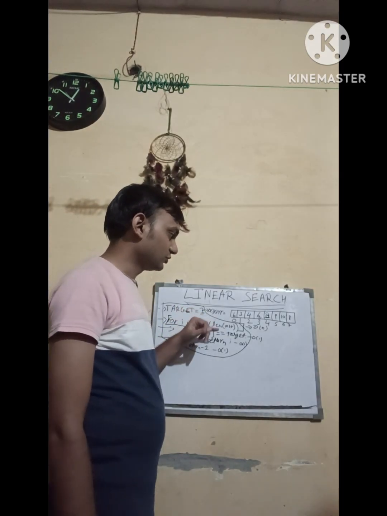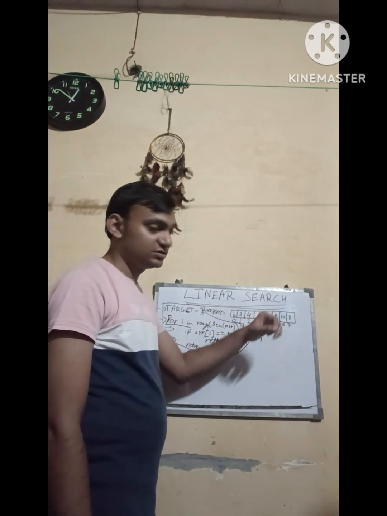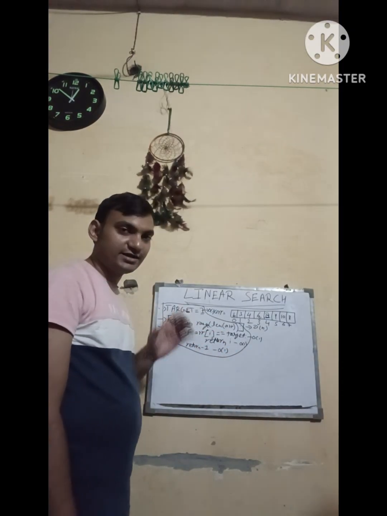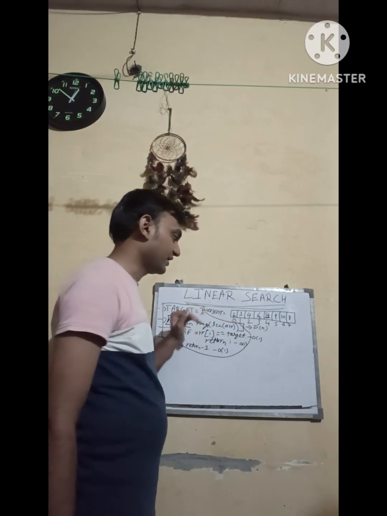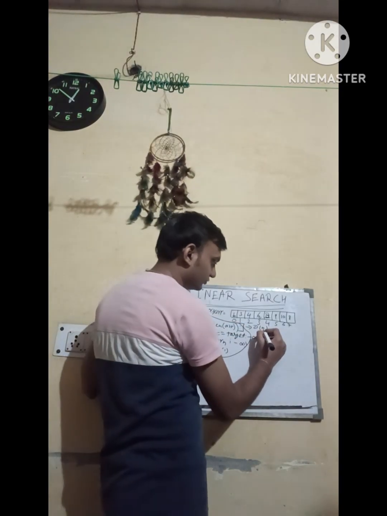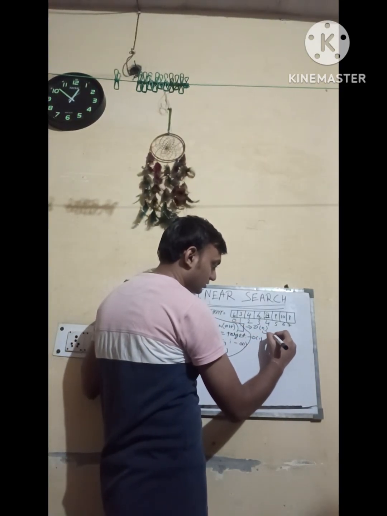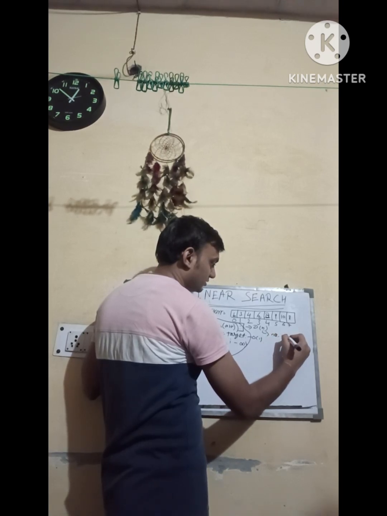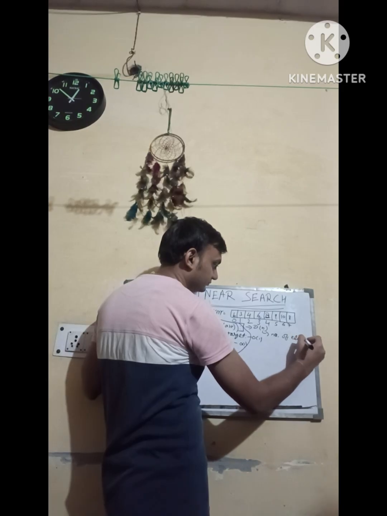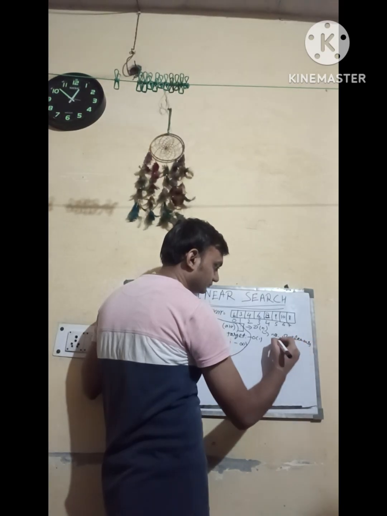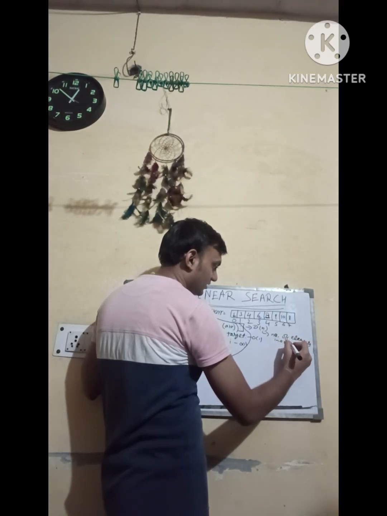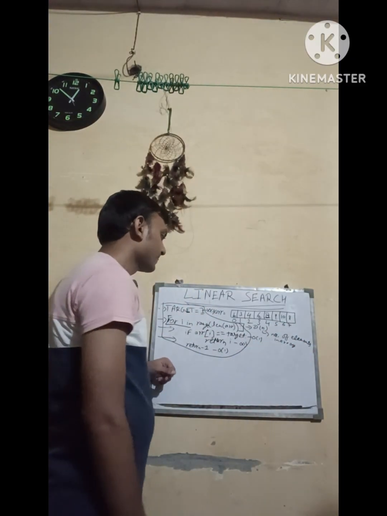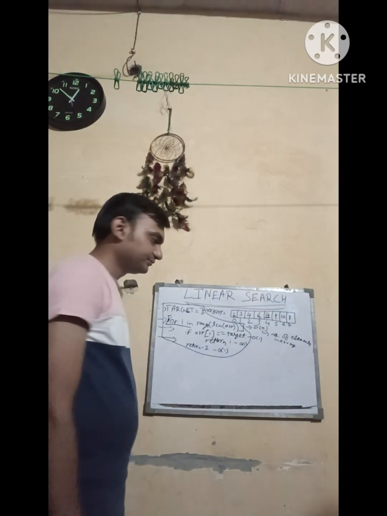So the time it took to iterate through all of these numbers and check every time, that iteration will be order of n time, and n shows the number of elements in the array which we are searching. Yeah, so I think you got the idea of it.